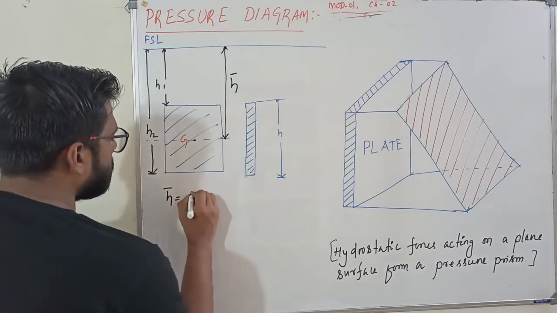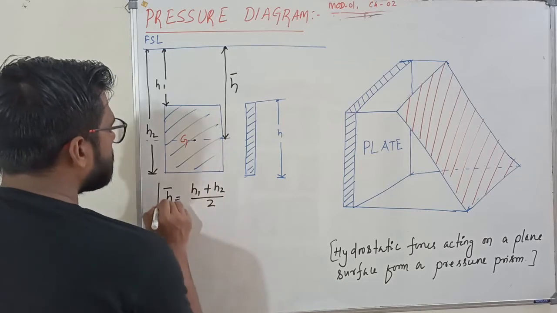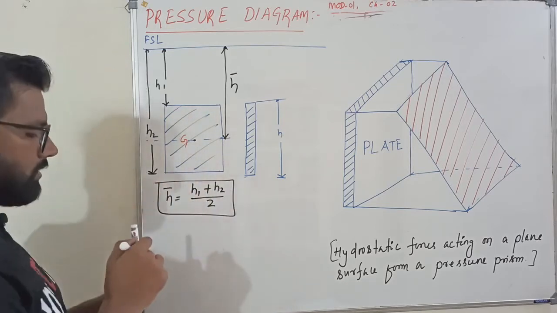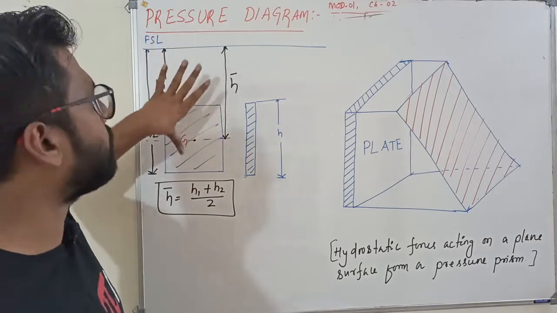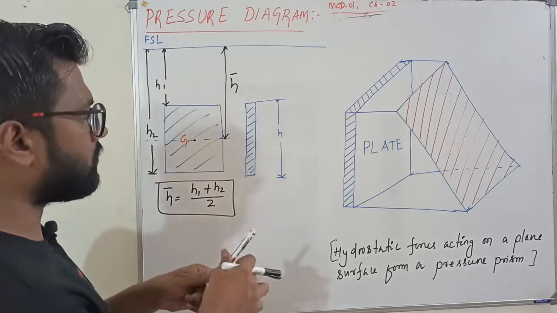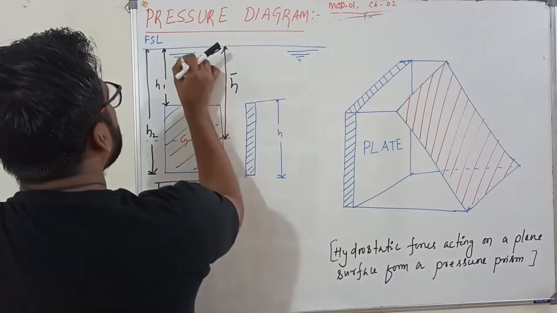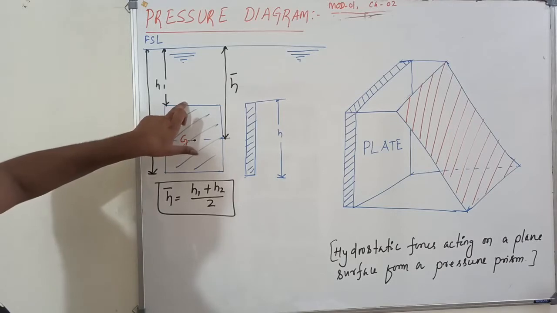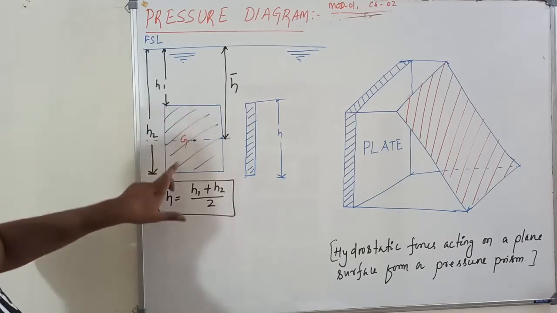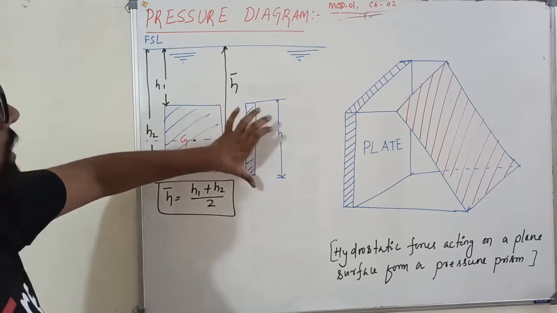Sir, h bar is at a distance (h1 plus h2) by 2, as this is a symmetrical object placed vertically below the free surface, completely submerged inside the liquid, whose top portion is at a depth of h1 and the bottom portion is at a depth of h2. The height of this particular plate is h.